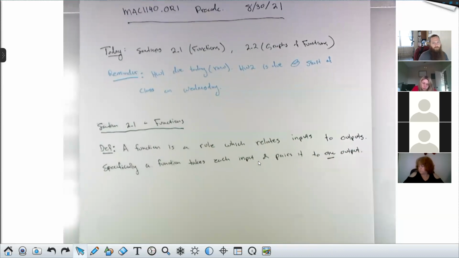Okay, so that's basically the idea. And you can think of the inputs as being represented by a certain variable, usually x. You can think of the output as being represented by some other variable, often y.